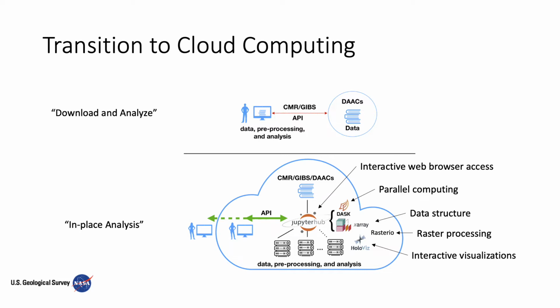This allows users to do their analysis without the overhead of downloading and managing data to their local machine. Further, working in the cloud gives users the opportunity to leverage cloud resources to scale their analysis to perform bigger, faster, and more efficient analyses.